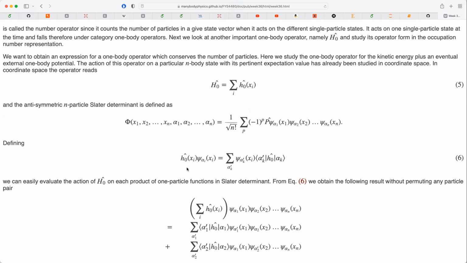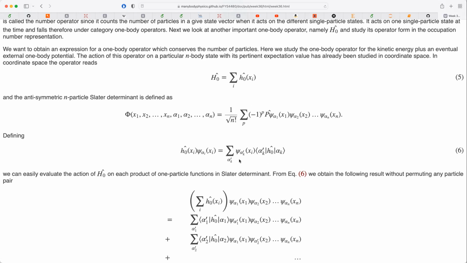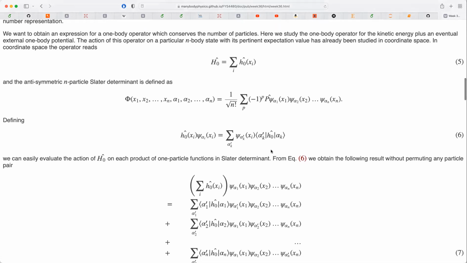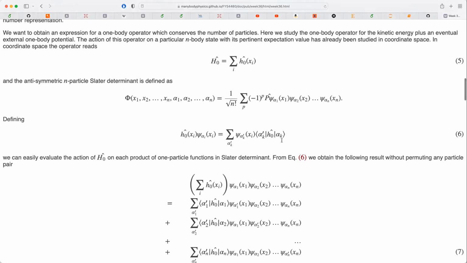So what we are doing is simply that we take the operation of H0 on one of these single particle states, and we can rewrite this in terms of the spectral decomposition, where we now have this alpha k prime, and then we have the matrix element, or the transition probability or expected value if they have the same states. These are elements which we can calculate based on the single particle basis which we have chosen.